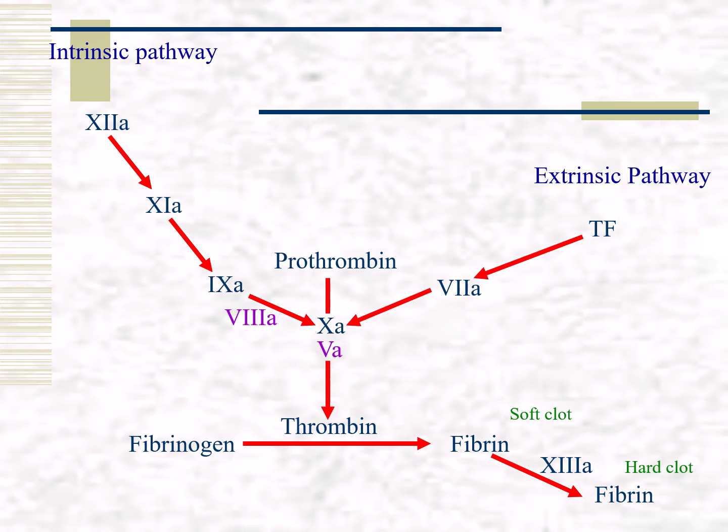Both of them lead to the activation of clotting factor number 10, after which it activates prothrombin to form thrombin. This thrombin is an enzyme needed for fibrinogen to become fibrin. This is still soft initially, but because of the fibrin stabilizing factor, clotting factor number 13, it becomes hardened.